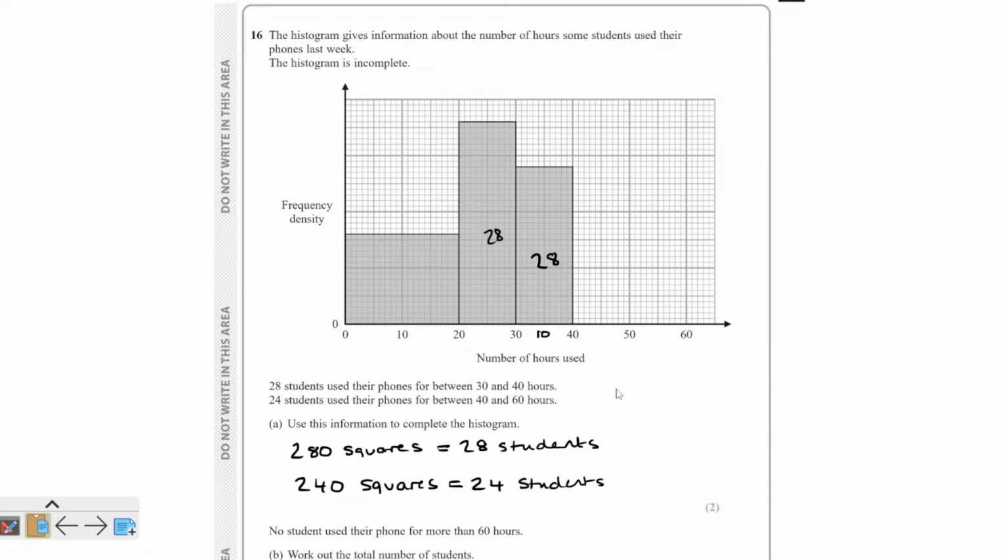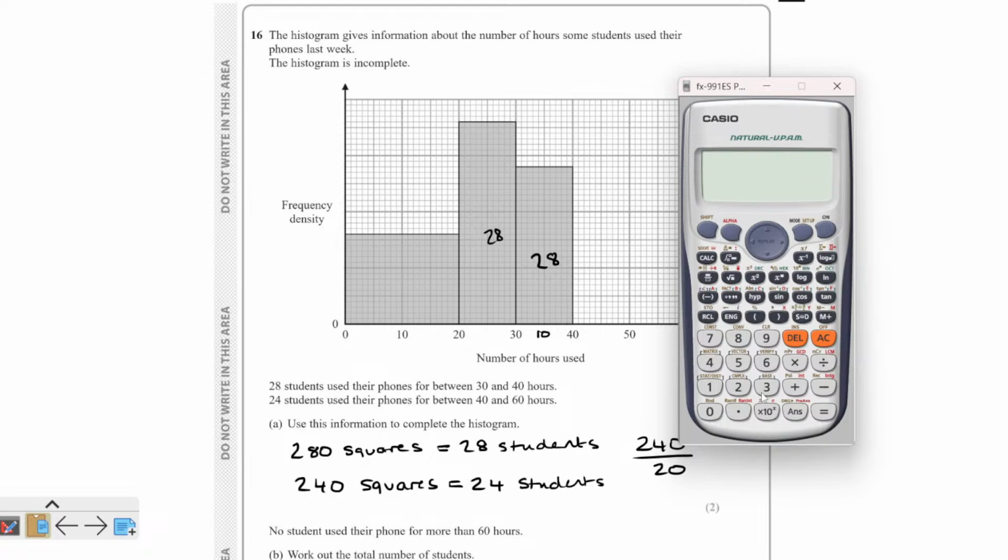So I need to draw a bar that's 240 squares. Now I do know the width of the bar, don't I? Because it has to be from 40 to 60. That's 20 squares along, isn't it? So I just need to work out, well, how many up? So if it's 240, I'm going to divide that by the 20 squares across. So grab my calculator. Obviously you might be able to work it out yourself anyway, that's fine. 240 divided by 20 gives me 12.